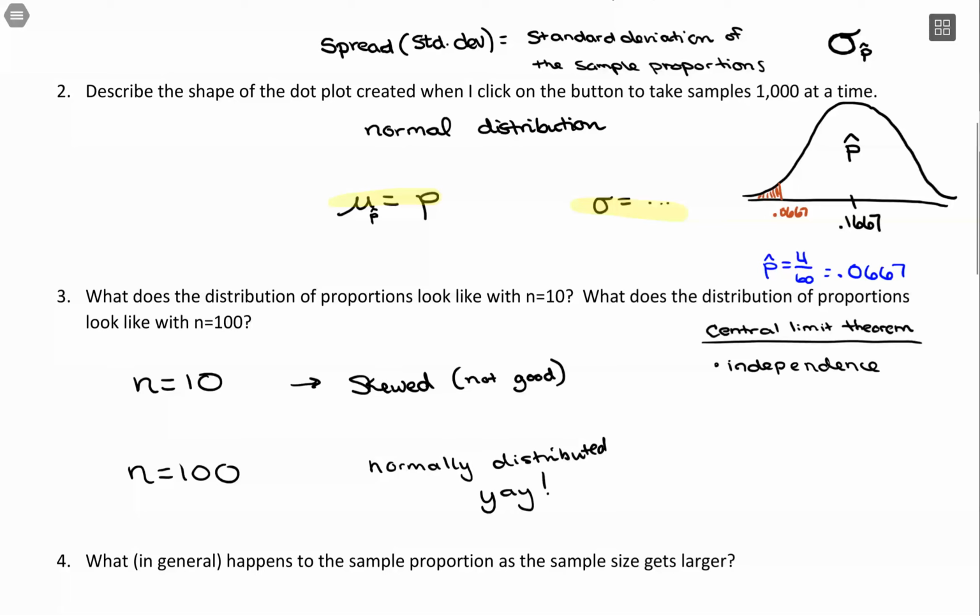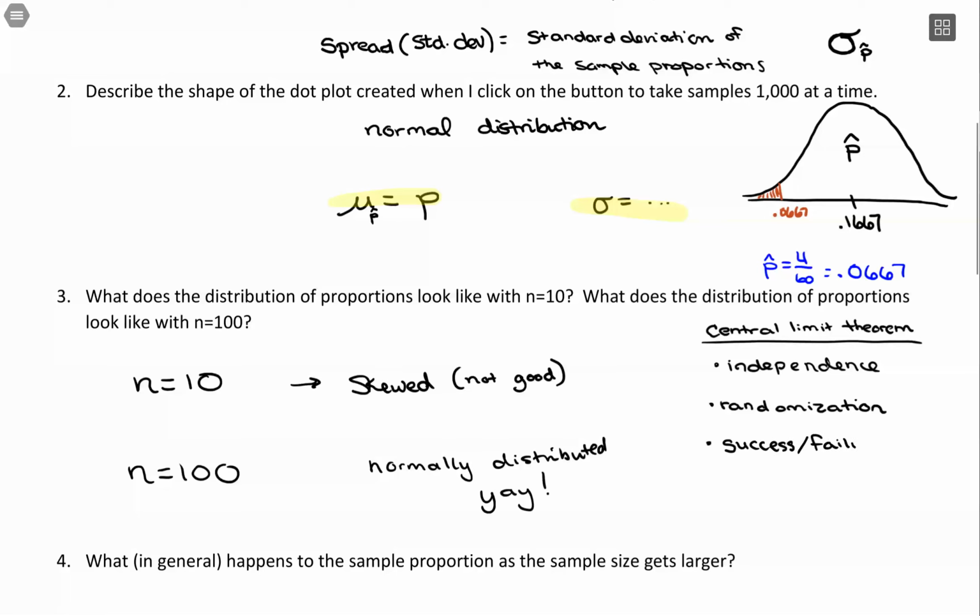If you roll a 2 on the first roll, it's not going to affect the probabilities of the next roll. You should also have randomization, some sort of random sample, so maybe randomly selecting the die. We also need to check whether our sample size is large enough, and this condition is called the success-failure condition.